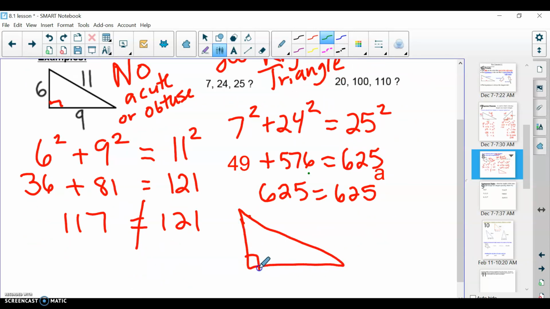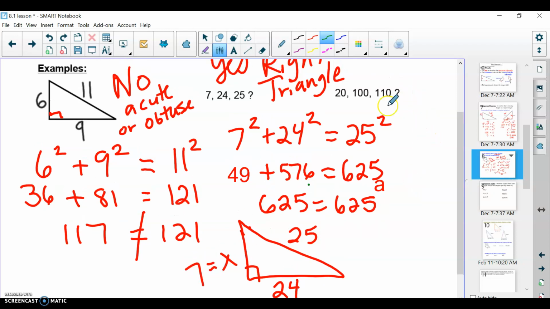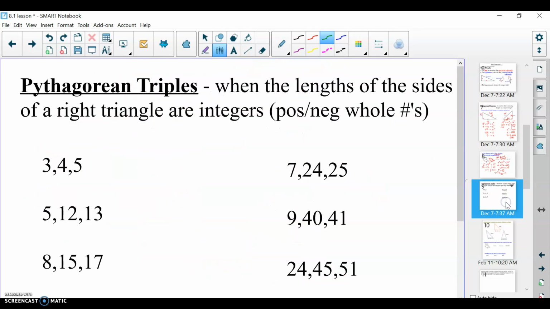I know it's a right triangle. I knew this was 25 and I knew that was 24 and I wanted to find this side. Well, I've already done it. I already know that this is a Pythagorean triple. So if I know the 24 and the 25, then I know that that x has to be 7. I didn't even have to do the Pythagorean theorem. Okay? All right. I'm going to skip this one for now just because I think I'm running out of time.